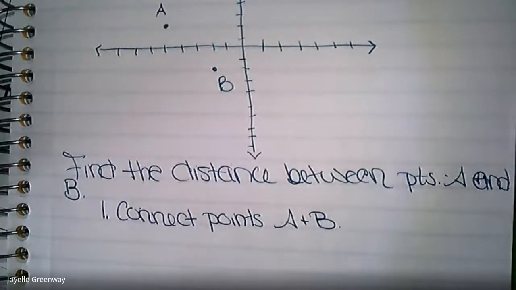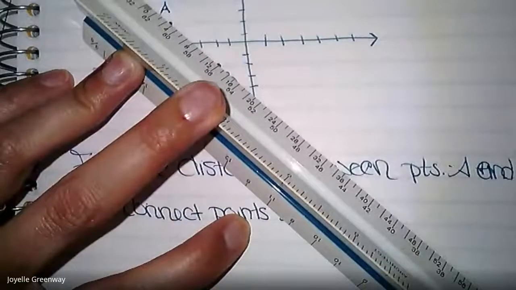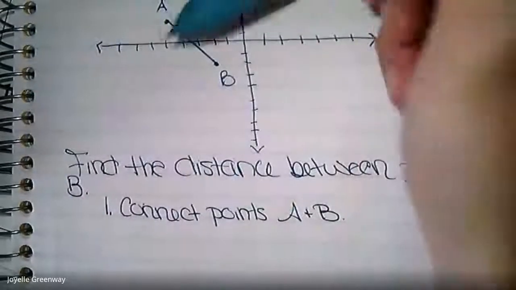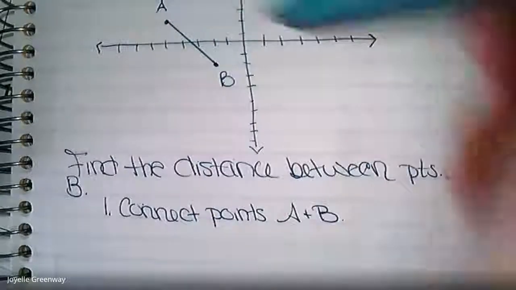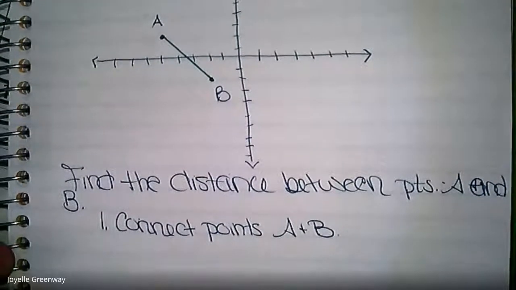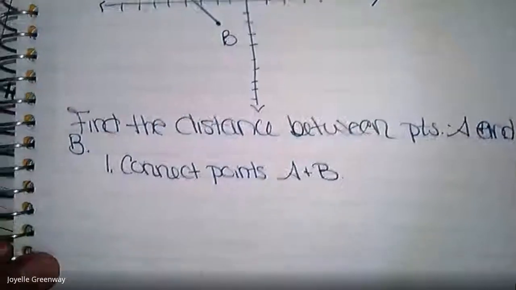All right, so I'm going to connect points A and B. Now, I want to know the length of that line segment. So step 1 is to connect A to B, if it's not already connected. If it's already connected, then you don't have to do that one.